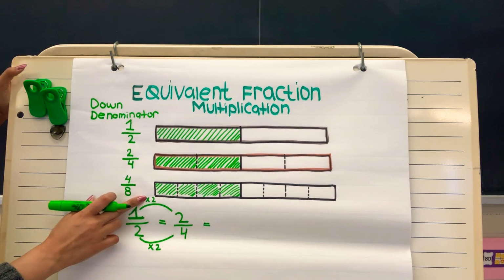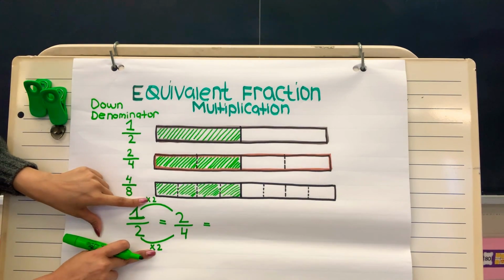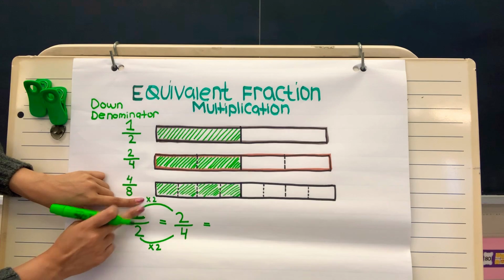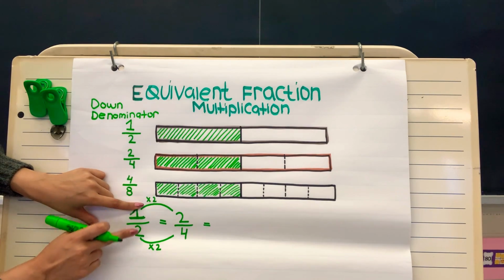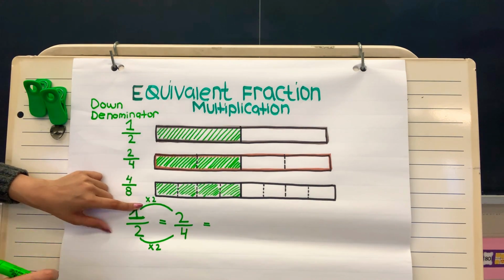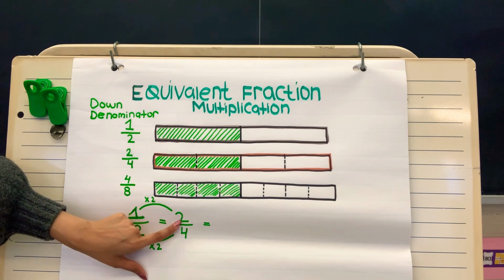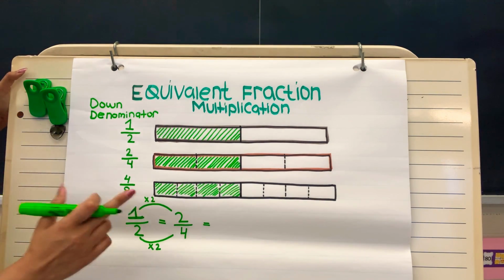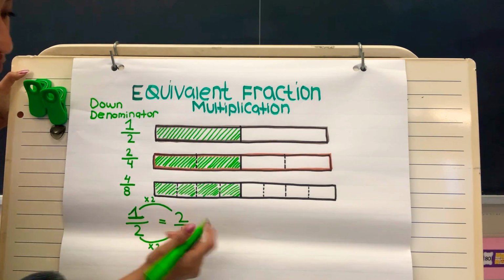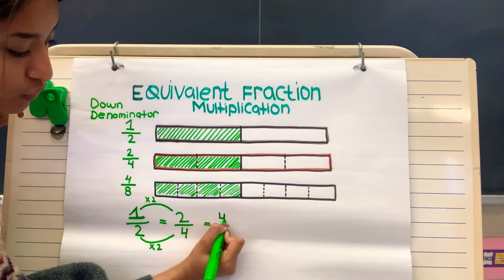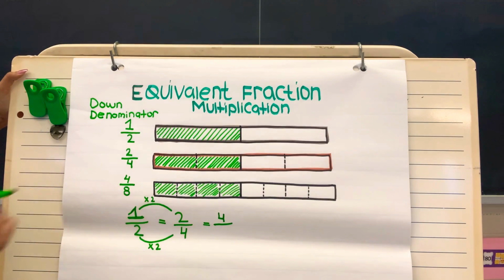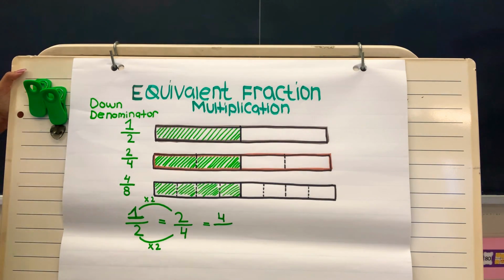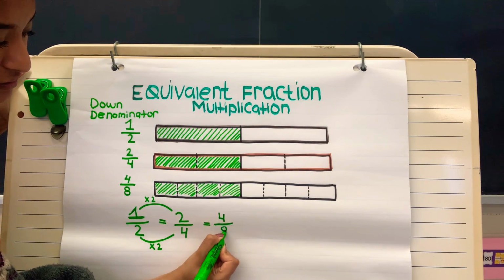We also need to remember this step, where whatever we do to the denominator, we do to the numerator. What's the double of 2? I know that it's 4. And what's the double of 4? If I double up my 4, I'm going to get 8.